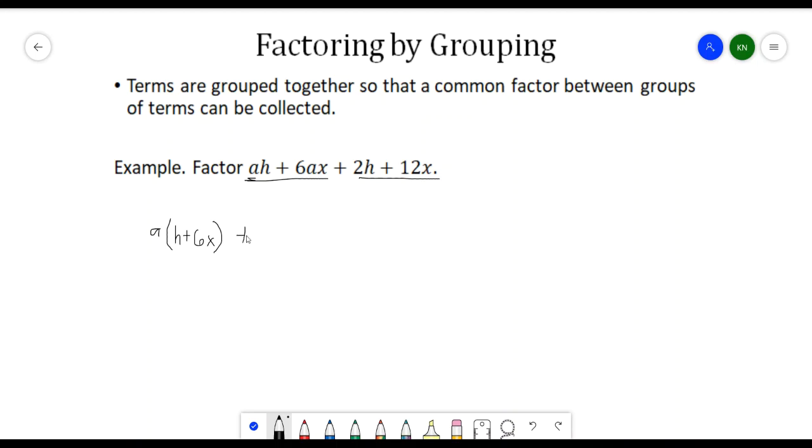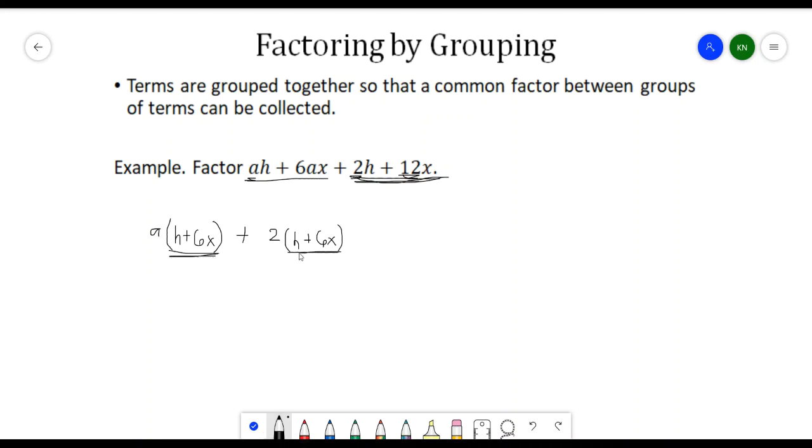Now, for the second expression that we have, the common number here is 2. 2 is the greatest common factor of 12. So you can isolate 2 here. Then what we have left here is h, and then 12 divided by 2, that is 6x. So seeing our expressions now, we have the same terms, right?